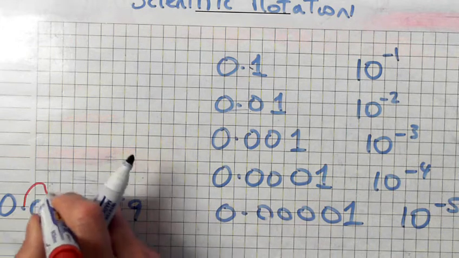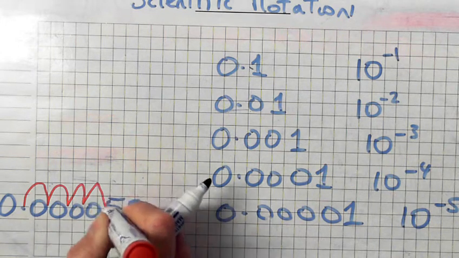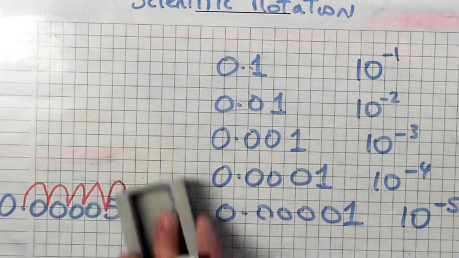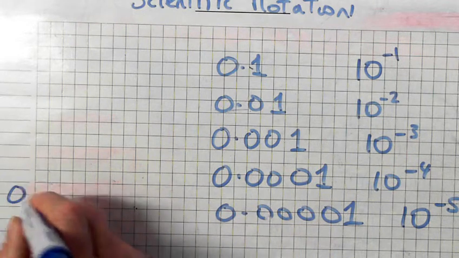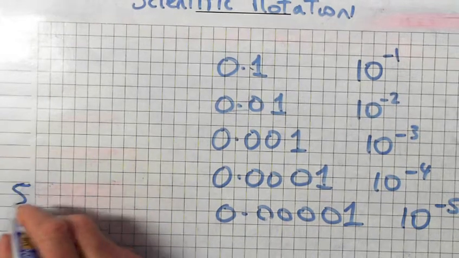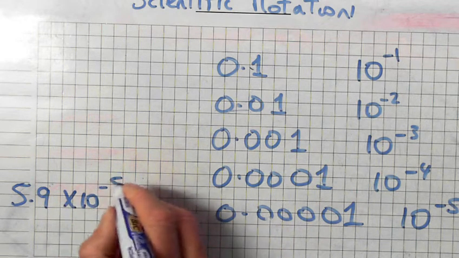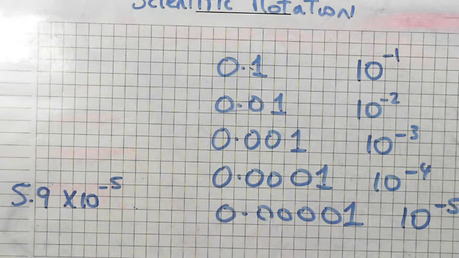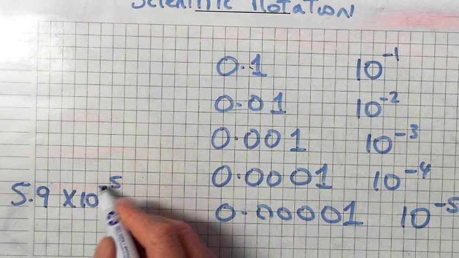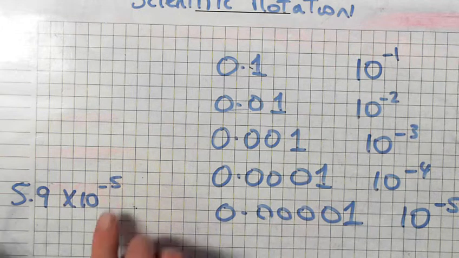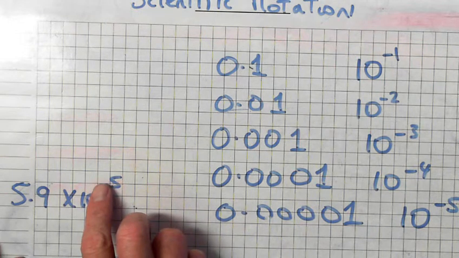Move the decimal point. 1, 2, 3, 4, 5. 5.9 times 10 to the minus 5. Because I moved it 5 places to the right, it's 10 to the minus 5. Minus 5 means it's going to be a decimal, a small number. If it's 10 to the 5, that's going to be a big number, isn't it?